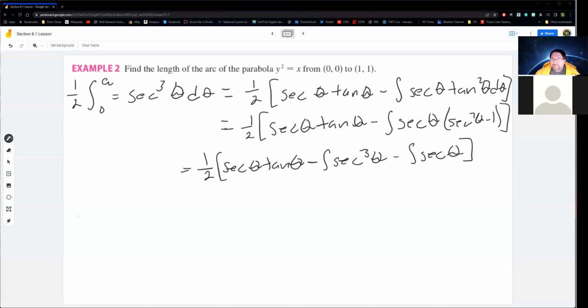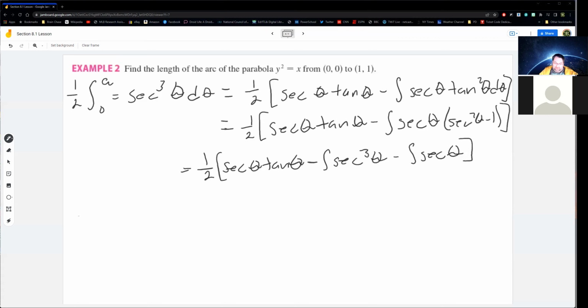No, I'm not talking about turning it into cosines and sines. Before, we would just do integration by parts again, trying to get, oh, I see. So we're trying to get it in terms of secant third theta. Yeah, this one ends up being that loop thing. Right, so we're going to end up with the secant to the third again in there. So that's where that piece comes out.